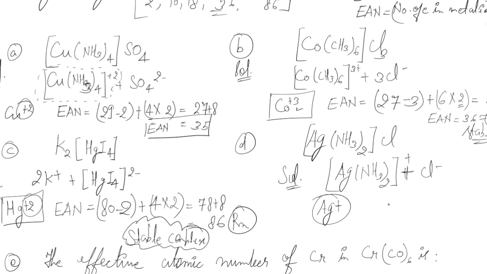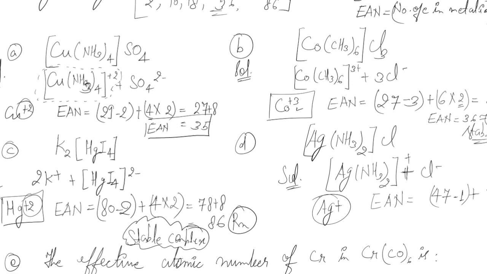So the effective atomic number. How many electrons can the silver give? Silver, you know, has 47. Silver can have 47 electrons, but it is donating 1 electron. So that's why 47 minus 1, plus how many electrons it is gaining from the ligands?